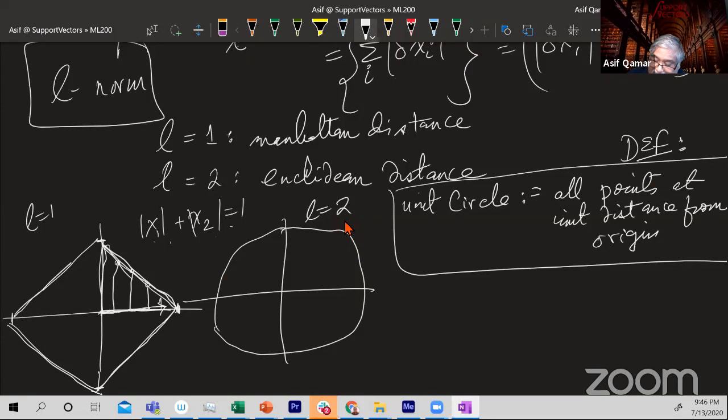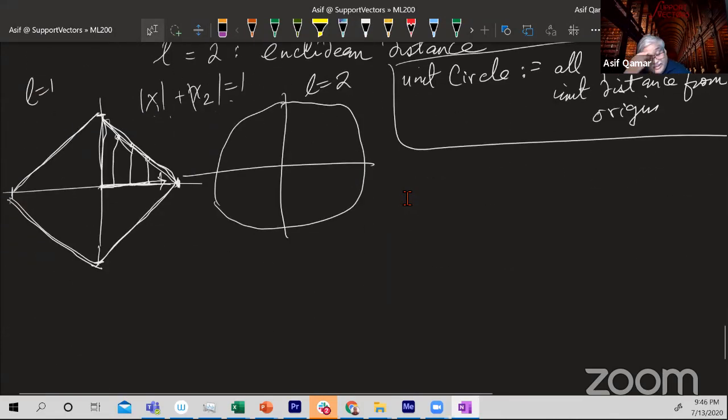Do we see this, guys? So we say that a circle for the L1 norm is actually diamond shaped. It's not round, it's diamond shaped. And that raises a very interesting issue.